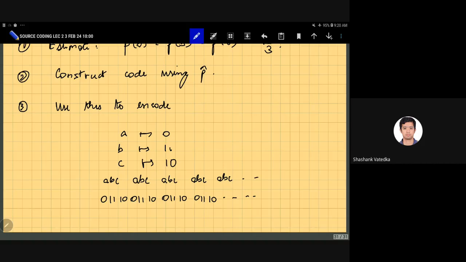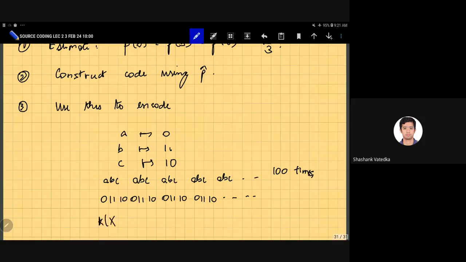Or in other words, if ABC ABC ABC and so on repeats, say 100 times, what is the length of the compressed sequence using this Huffman code?